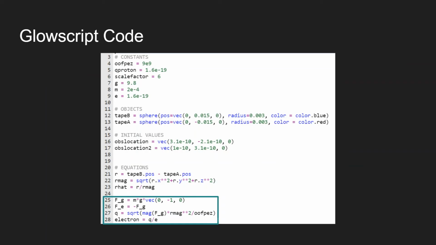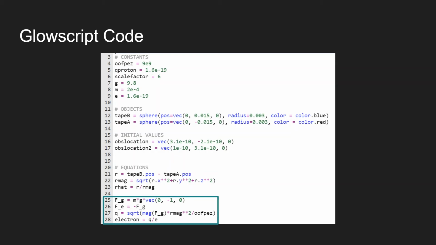Then next, just to highlight the key functions in my GlowScript code, I've used F sub g equals mg times vector 0, negative 1, 0, so that it's going to have a gravitational force pointing downwards. And I've set the electric force equal to negative Fg, which is the same magnitude as gravitational force in the opposite direction.